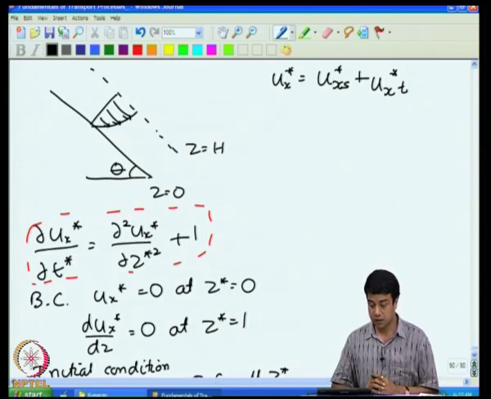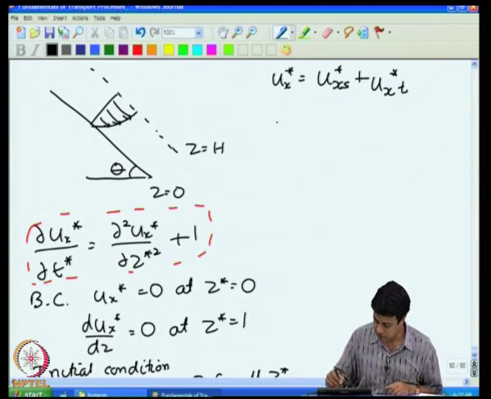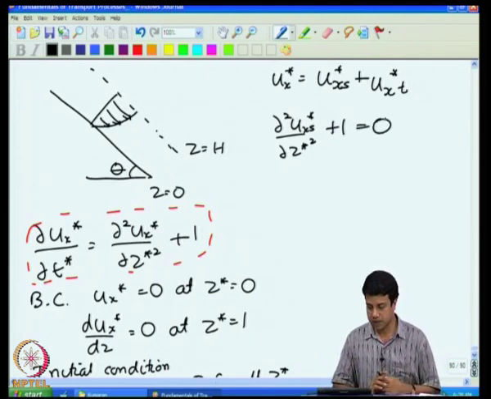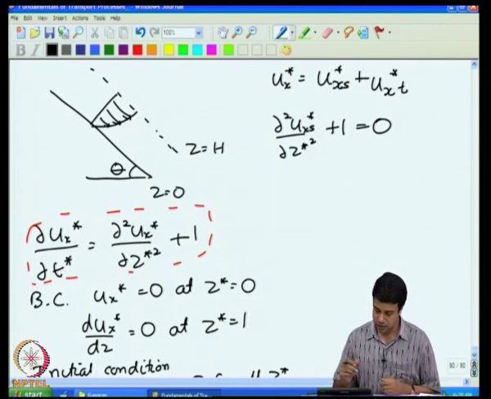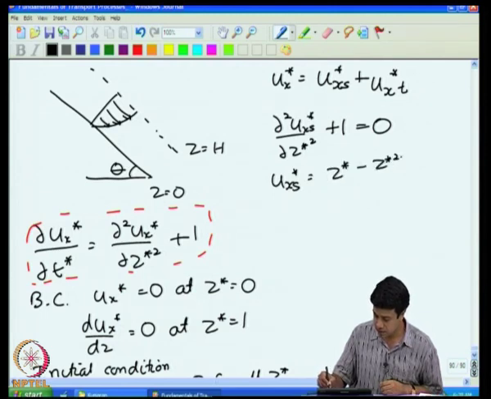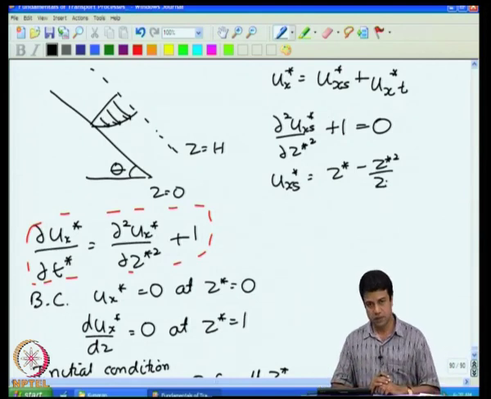The steady part, I already know what the solution is. The steady part satisfies the differential equation d square ux by dz square plus 1 is equal to 0, and we got the steady solution is equal to z minus z square by 2. So, we already got the steady solution.